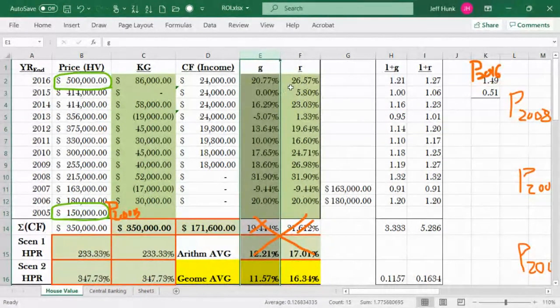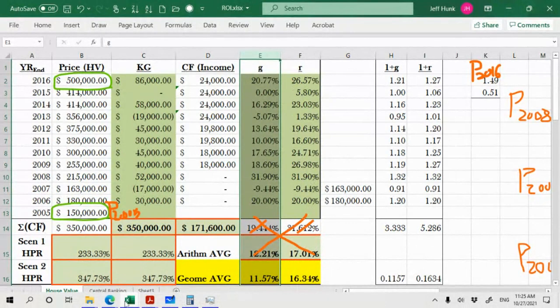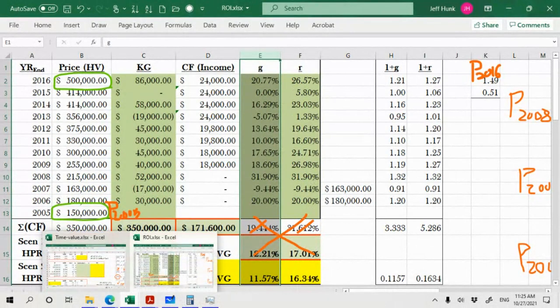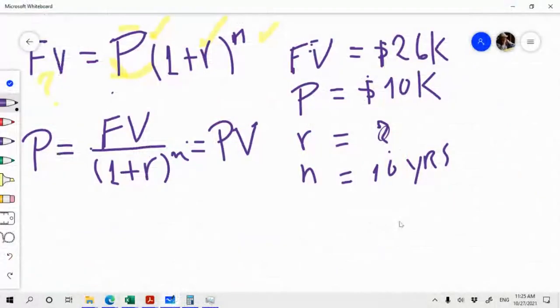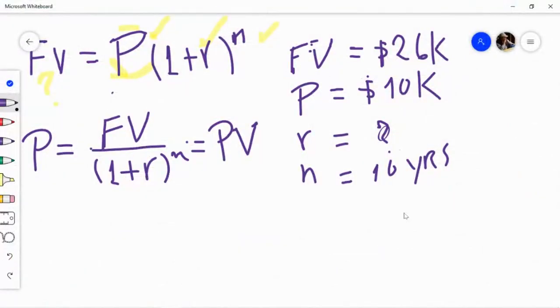So as we were talking about this, what was the concept that was brought up? The geometric average. Think about it: this is exactly the geometric average under scenario 1. Why?